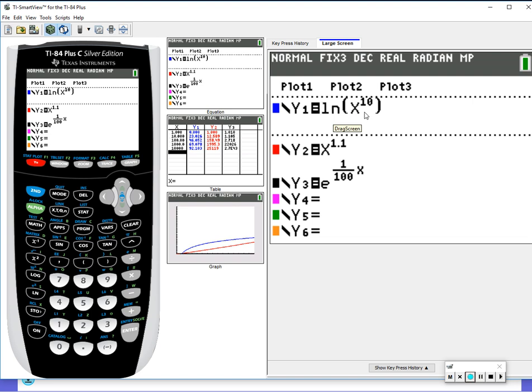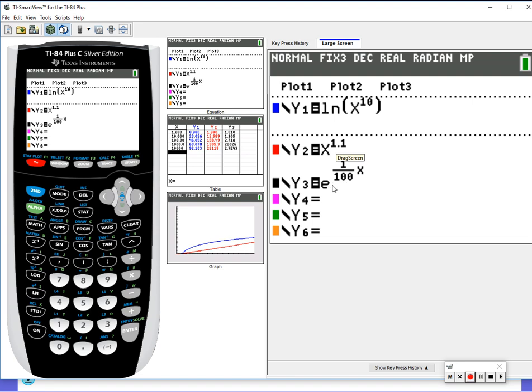For this power function, I made the exponent very small on purpose to emphasize that even with a very small exponent, 1.1, this one's still going to grow a lot faster than this one. And similarly here, the exponential function, I made the exponent 0.01x. So even with a small exponent, this will still grow the fastest.